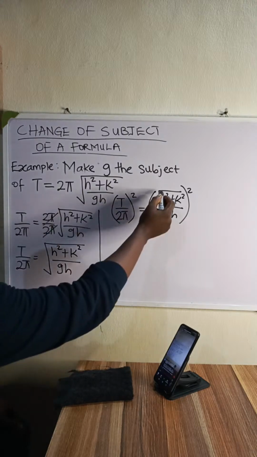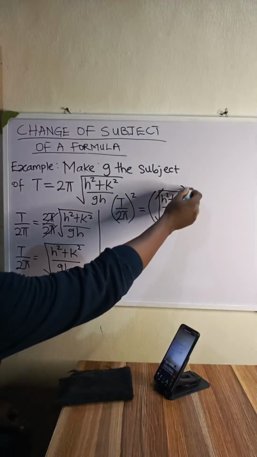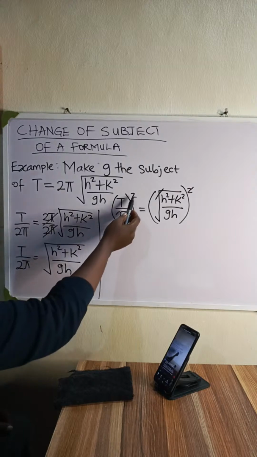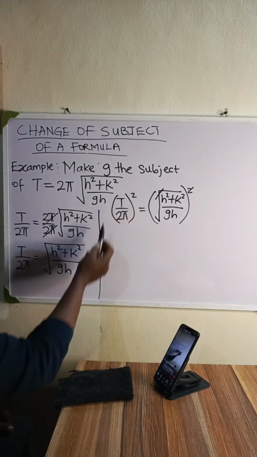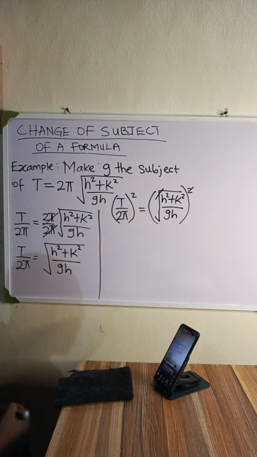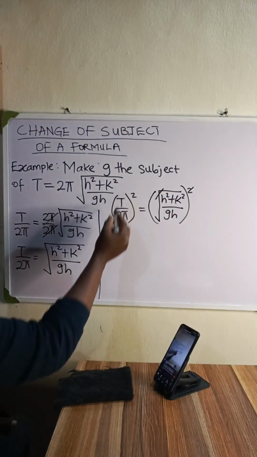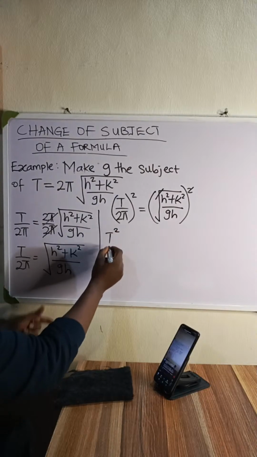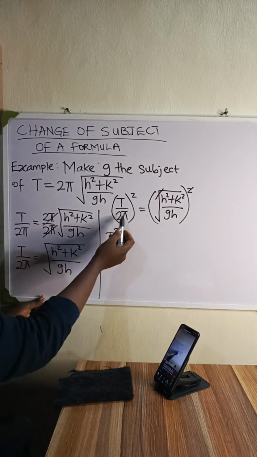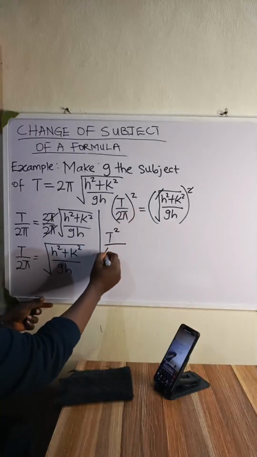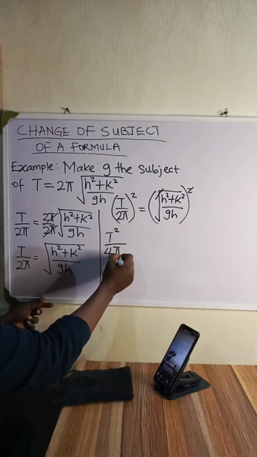Okay, so on the right, square root and square will cancel out. This square outside belongs to t and belongs to 2 pi. So let's give each of them the square. So t is going to become t squared all over 2 pi having square. We're going to have 2 square is equal to 4, and then we'll have pi squared.